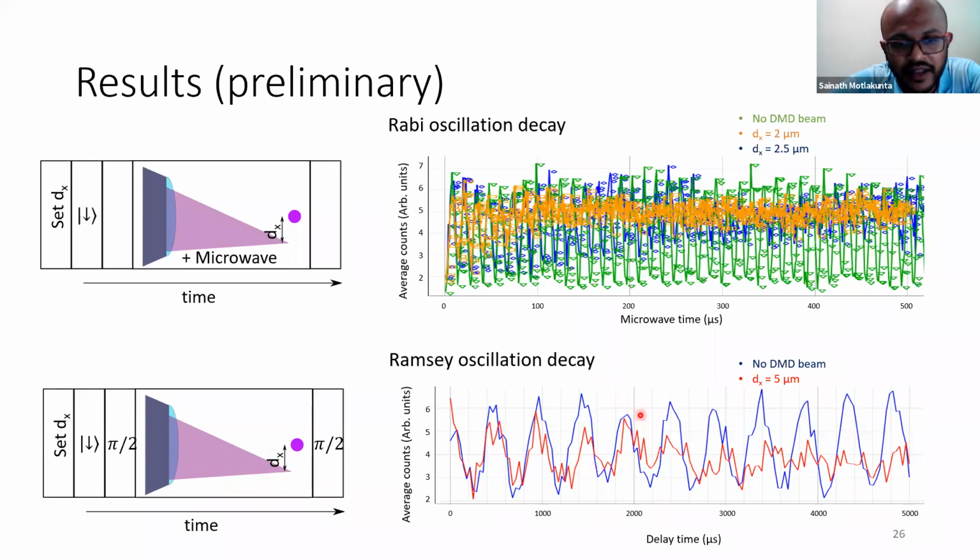The graph shows the delay time versus average counts again, and the blue curve is the one without the DMD beam, and the red curve is with the DMD beam at a distance of 5 micron.